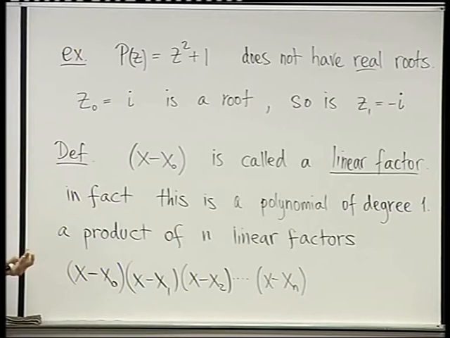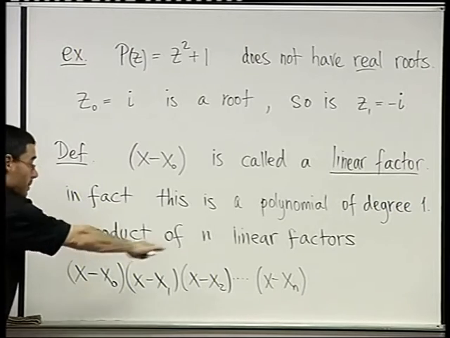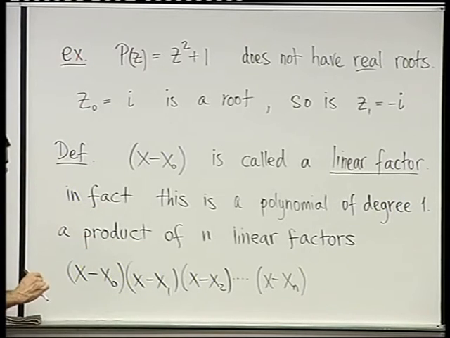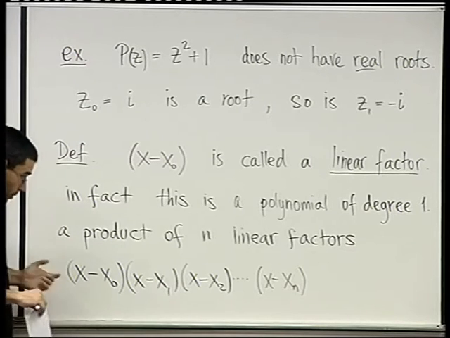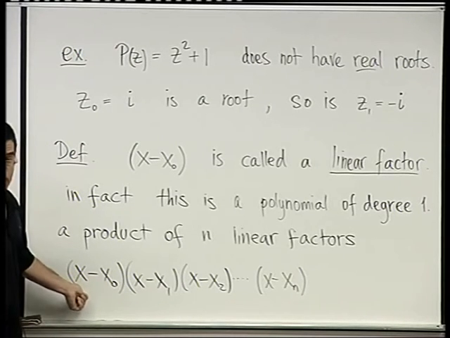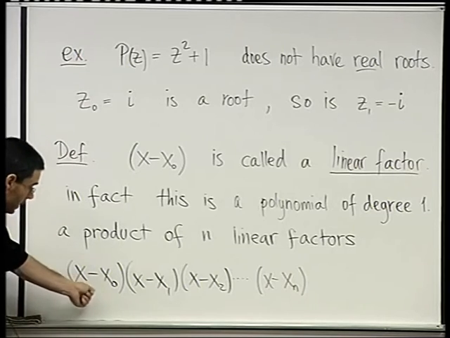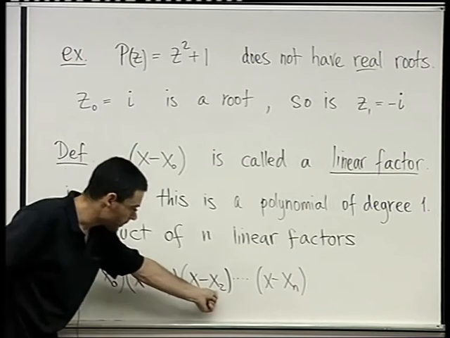We'll do an example in a minute, you'll see it, it's very obvious. It may be confusing in this abstract notation. So a product of n linear factors is a polynomial of degree n, where each of these numbers are roots.